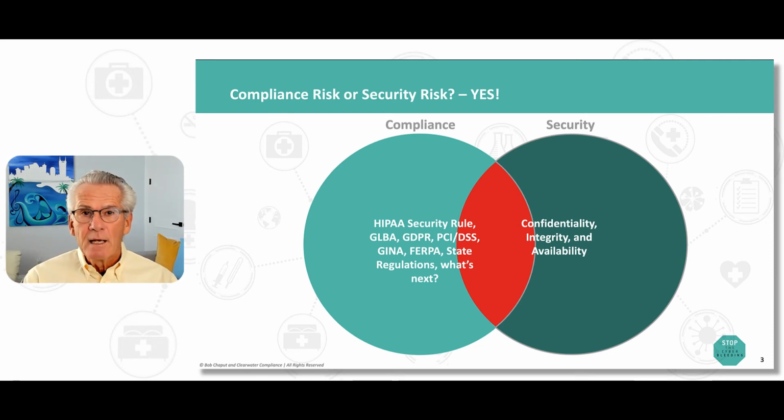If indeed, as is commonly the case, in fact, I will buy you dinner if it's not the case, you have an attack that involves electronic protected health information, you can be sure that the Office for Civil Rights is going to ask for a copy of your most recent risk analysis, and typically one for the previous 3 years that you may have done it.